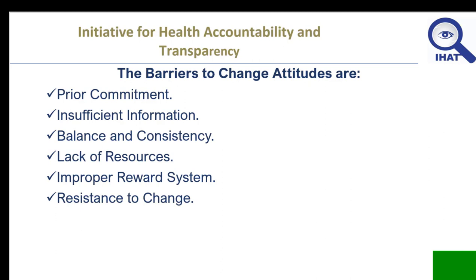There is also balance and consistency. Those who are not balanced and are inconsistent are likely to resist change. Resources are required for attitudinal changes, and also when you have an improper reward system, it doesn't encourage change of attitude, and then resistance to change is always common in every event in life.